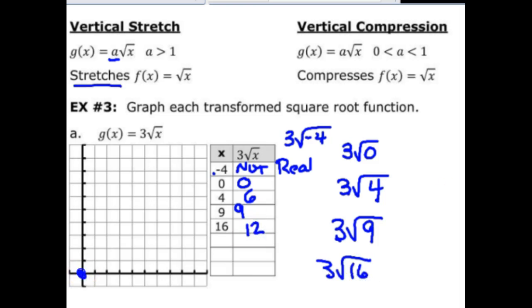So this is going to be 0, 0. This one's not going to go on my graph paper. So this graph has been stretched out taller.